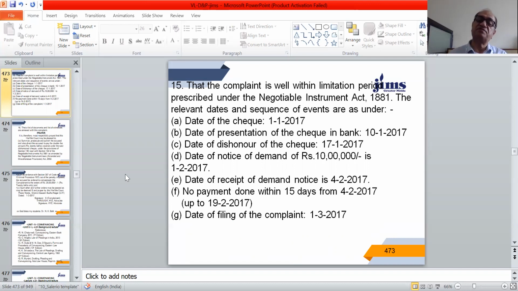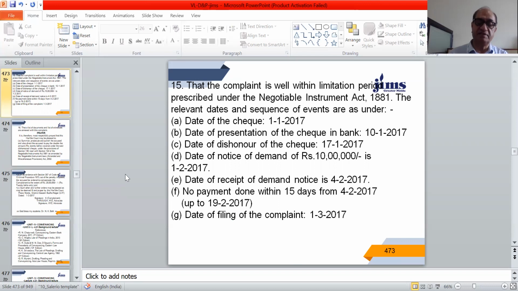And the accused has 15 days time from 4th Feb, that is up to 19th Feb, he could have made the payment of 10 lakh rupees, but he has not done so. And from this date, within 1 month, the complaint is to be filed before the court. So date of filing of the complaint is 1st March 2017.